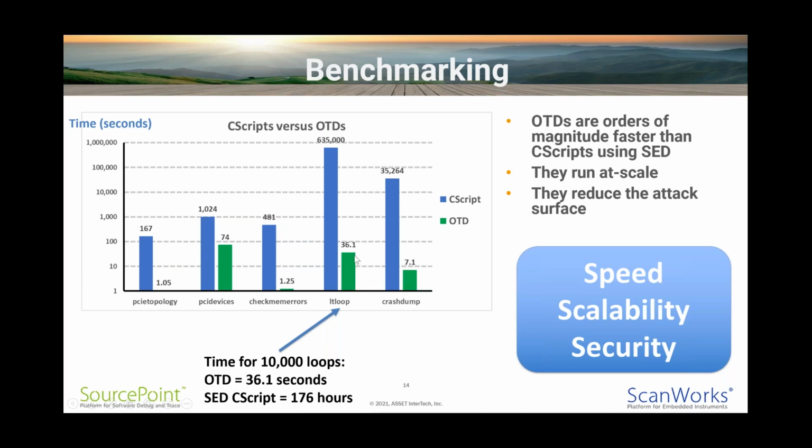The LT loop is a really interesting one, because for 10,000 loops it would take the on-target diagnostic 36.1 seconds, whereas a huge amount of time, of course, with the SED-based CScript. And so that would be pretty painful.